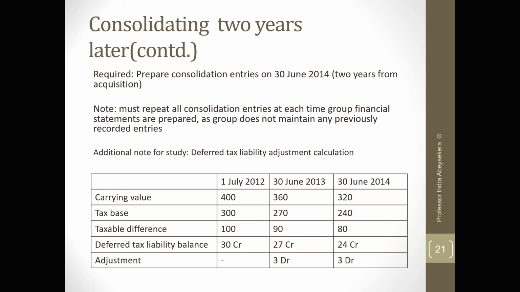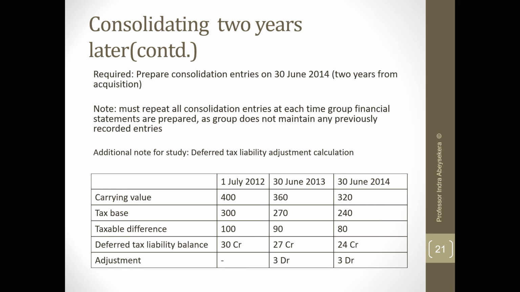So here on this table, we can see that the carrying value of the asset is now 400, and due to depreciation, it becomes 360 and 320, and the tax base also gets depreciated, but as a result, there's a taxable difference, and the taxable difference for each year, 2012, 2013, and 14, is different.